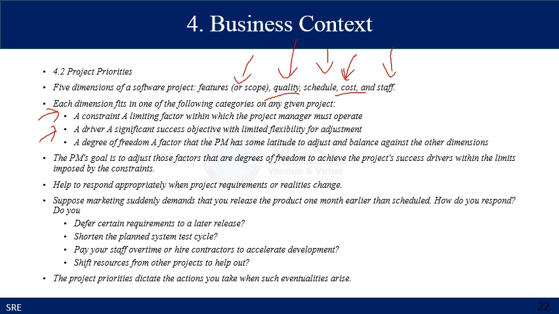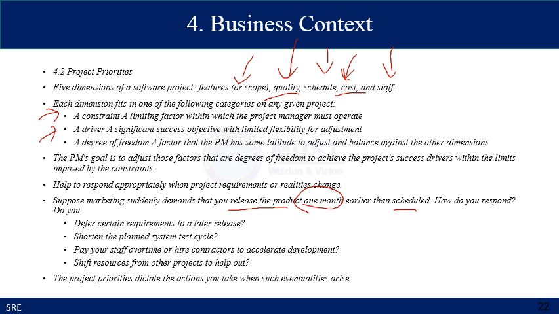The project manager's primary goal is to adjust those factors that are degrees of freedom to achieve the project's success drivers within the limits imposed by the constraints. It helps you to respond appropriately when the project requirements or the realities change. Suppose marketing suddenly demands that you release the product 1 month earlier than scheduled.